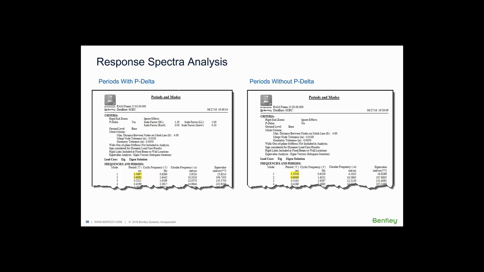Because what that B2 factor of 1.08 that I used for this particular model represents, that I calculated from this model, is that potentially the moments in the members are 8% higher when we consider the P delta effects than when we don't.